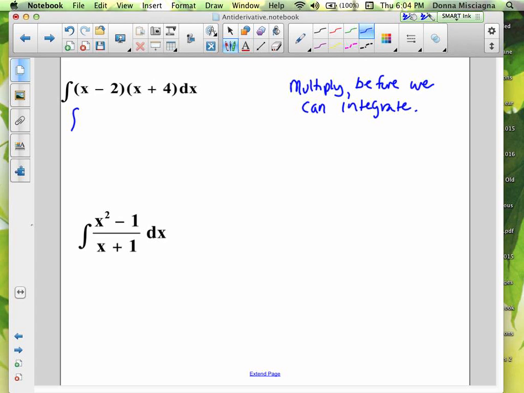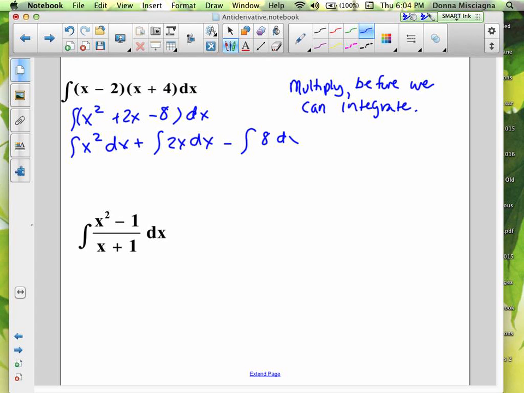So this is just x squared minus 2x plus 4x, which would be plus 2x, and negative 2 times 4 would be a negative 8. Now that's pretty easy to integrate. We have the integral of x squared dx plus the integral of 2x dx minus the integral of 8 dx.